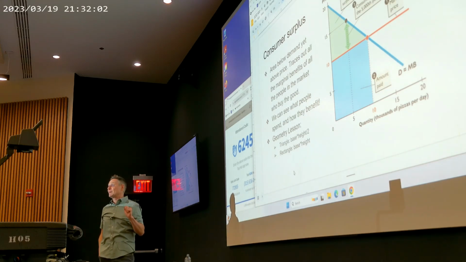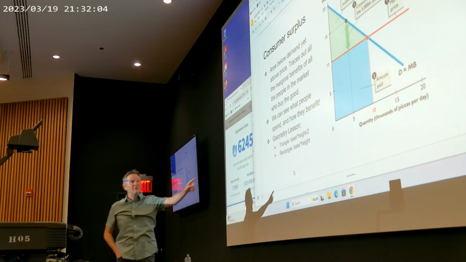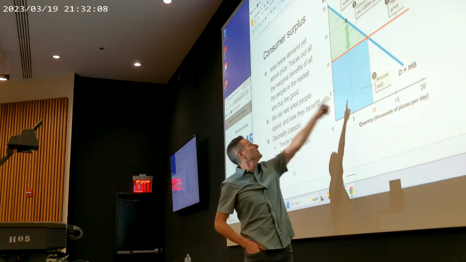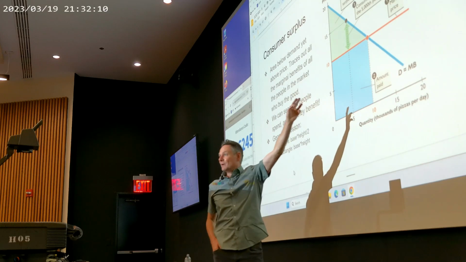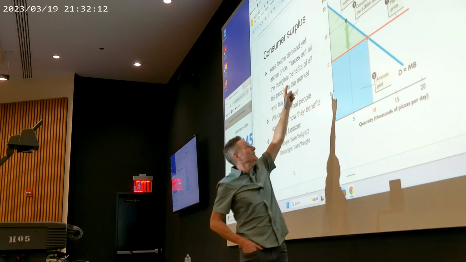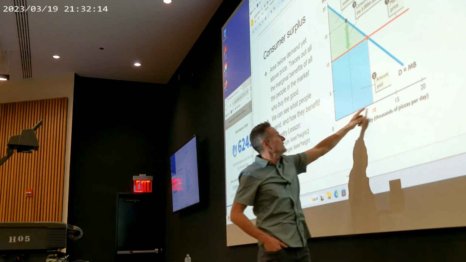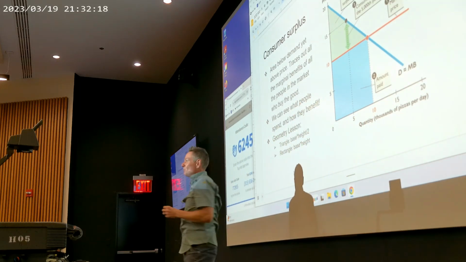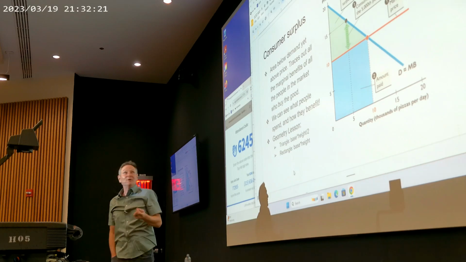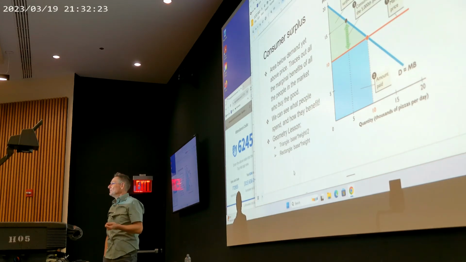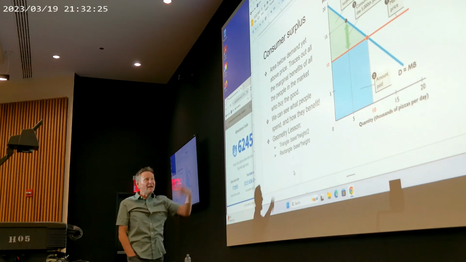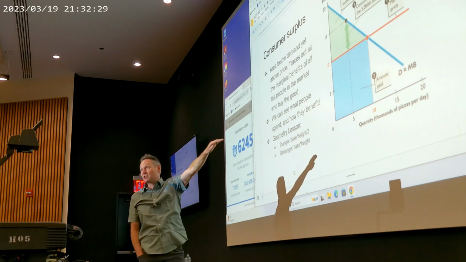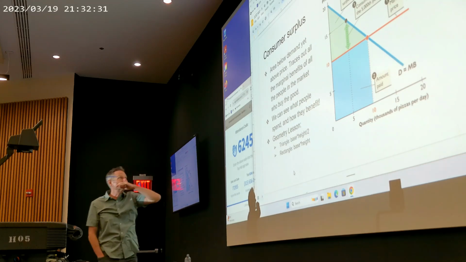So somebody out there would have paid $20 for that very first pizza. Somebody here, this 5,000th pizza, would have paid $15 for it, right? And as we go down and down and down, we finally get to the price of 10. That last pizza is worth to someone, they were willing to pay for it about $10, right? And so if we have a market price of 10, all of the pizzas along the demand curve above there actually give us the valuations.